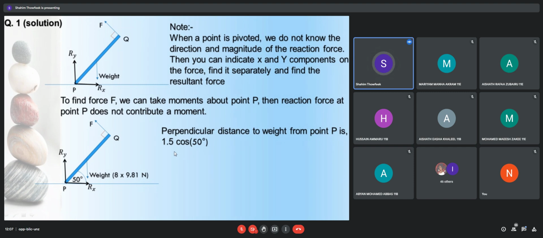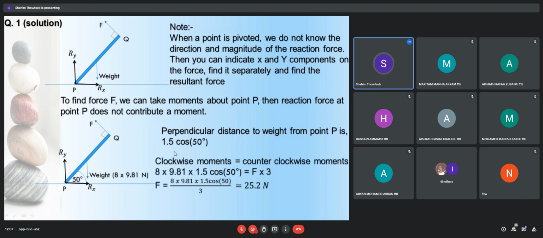Now you know the perpendicular distance. Now apply moments. Clockwise moments equal counterclockwise moments. The mass of the beam is 8 kg.